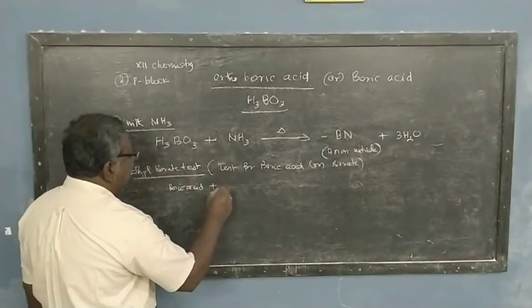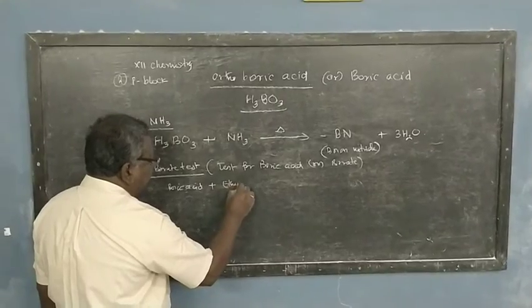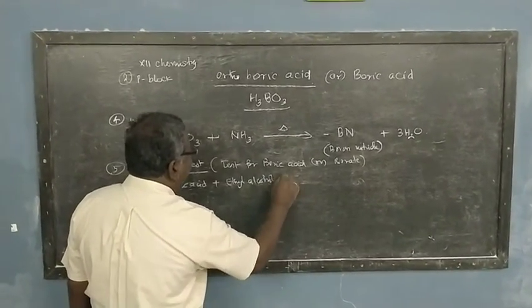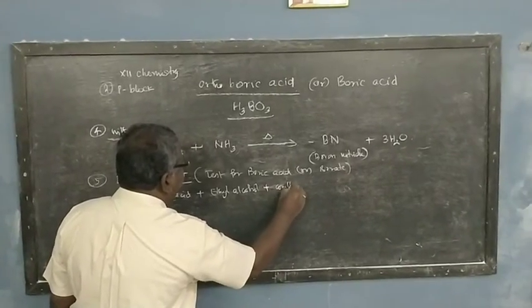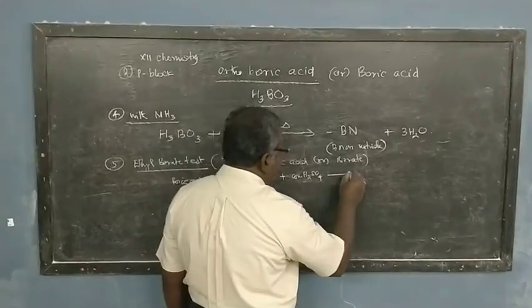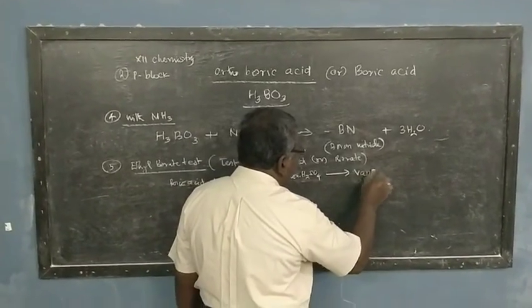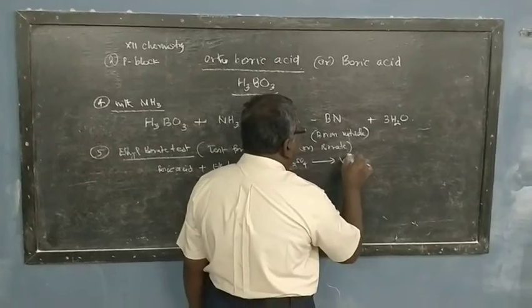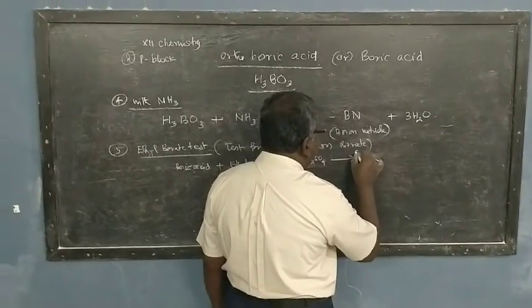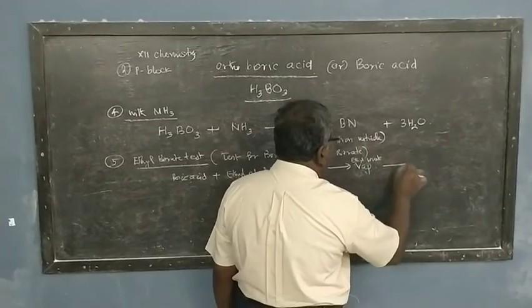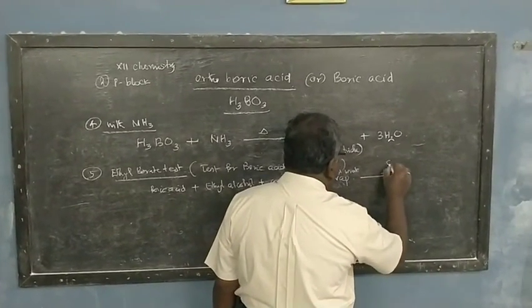It is mixed with ethyl alcohol and a few drops of concentrated sulfuric acid. Right? Then heated. You'll get vapors. This vapor is ethyl borate vapors. These vapors will have to be shown in flame.